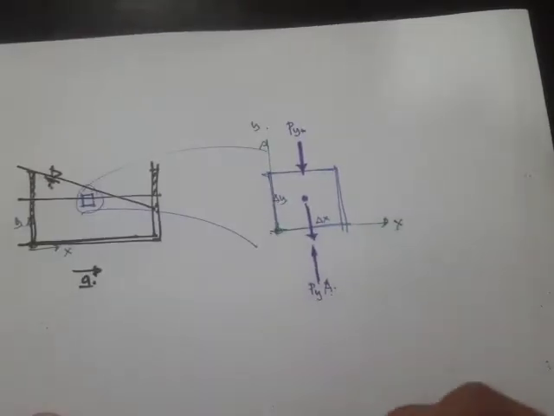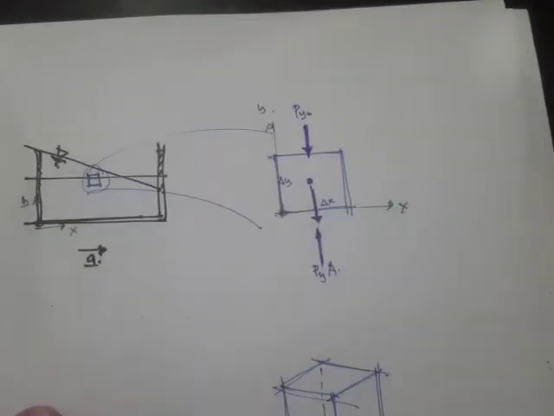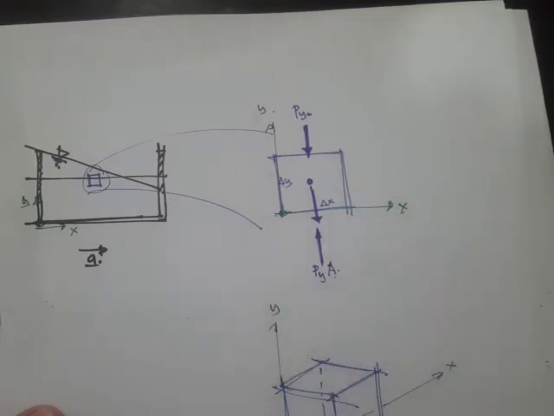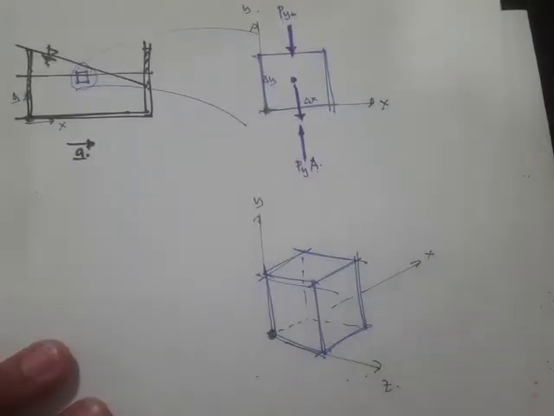Let's try to draw in 3 dimensions. So this is our origin, then the x direction is here, this will be the y direction, and then this will be the z direction.